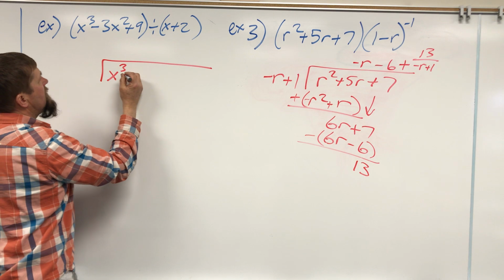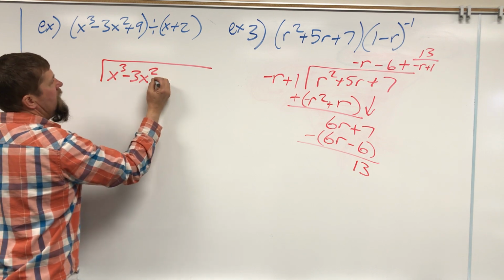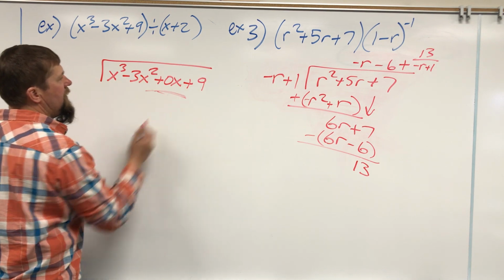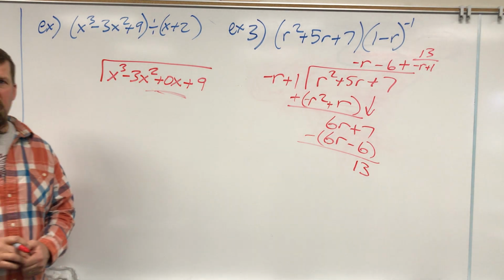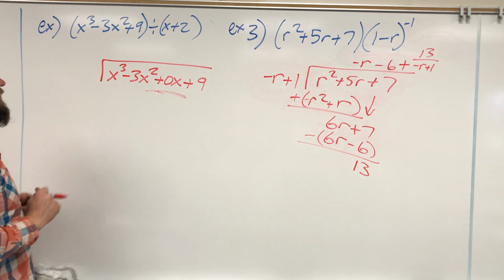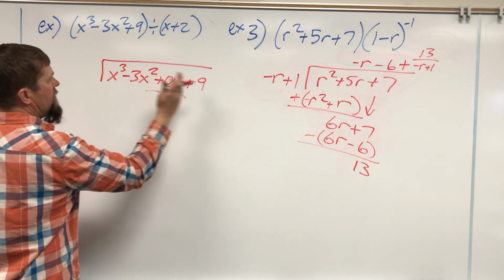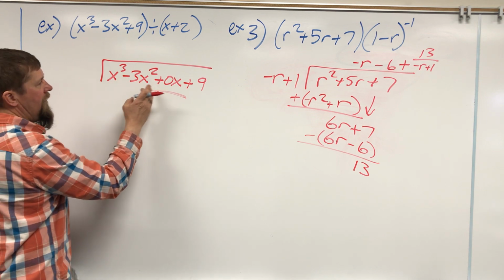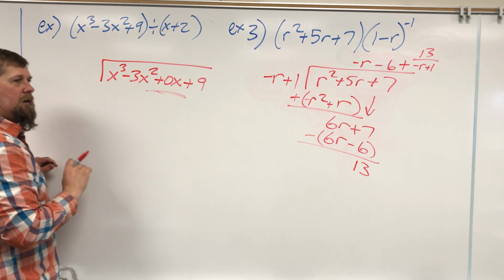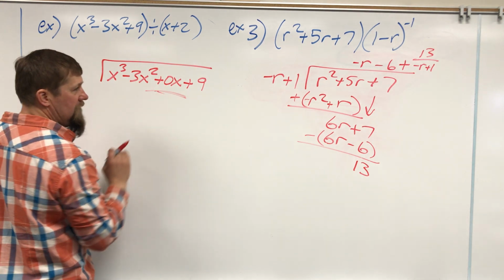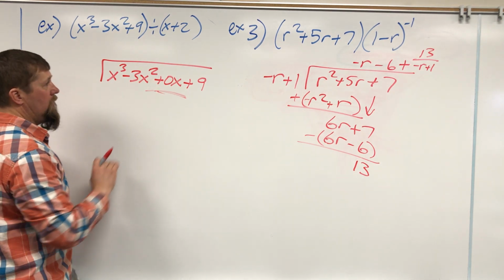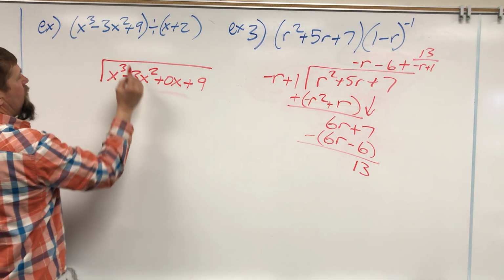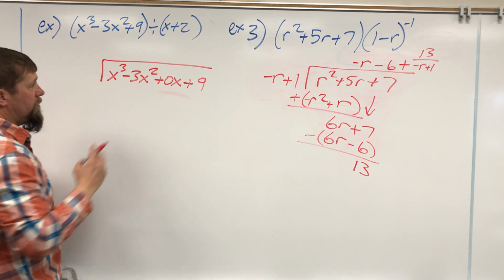So you put in x cubed minus 3x squared plus 0x plus 9. You need to make sure you account for that missing term. Very, very important. Standard form, starting with the first term, accounting for every term that should be there after that. If it's missing that term, you put it in as a 0 times that variable. If it was missing the x squared, you'd put 0x squared there, okay?